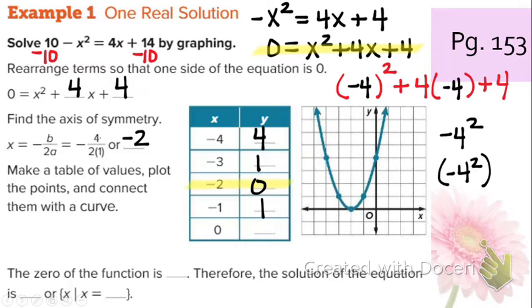All right. Notice how it's symmetrical. Does everyone see that? See how we have the 4, then we have 1, and we have 0. That's the thing about a parabola. You're going to have repeats in your y value. So the 0 is where this graph crosses the x-axis.